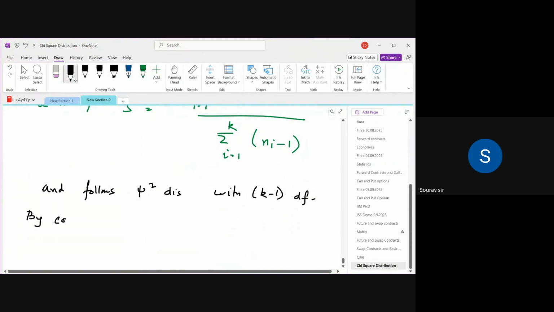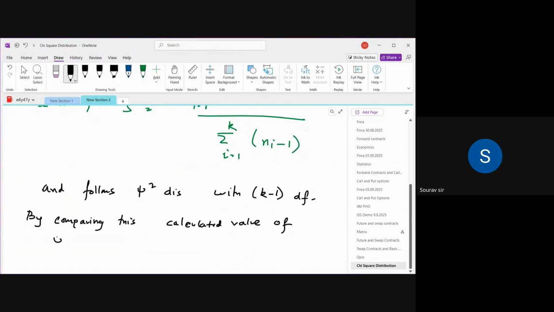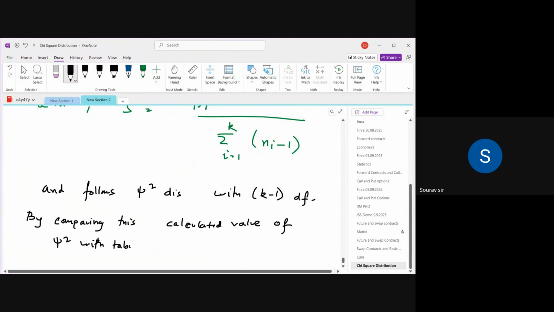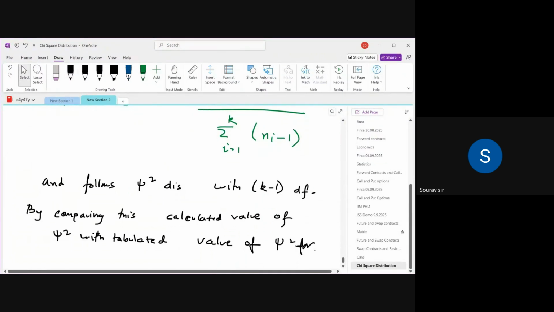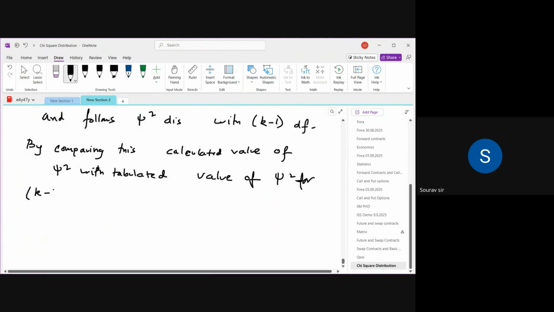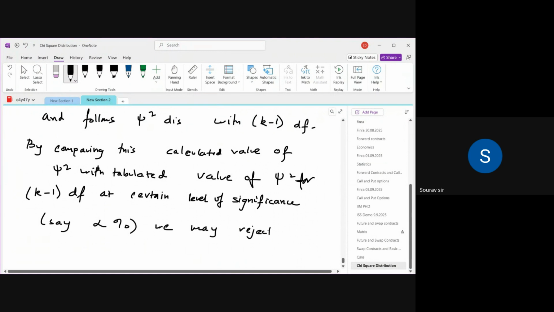So by comparing this calculated value of chi-square with the tabulated value for k minus 1 degrees of freedom at a certain level of significance, say alpha, we may reject or accept H naught at that level of significance.